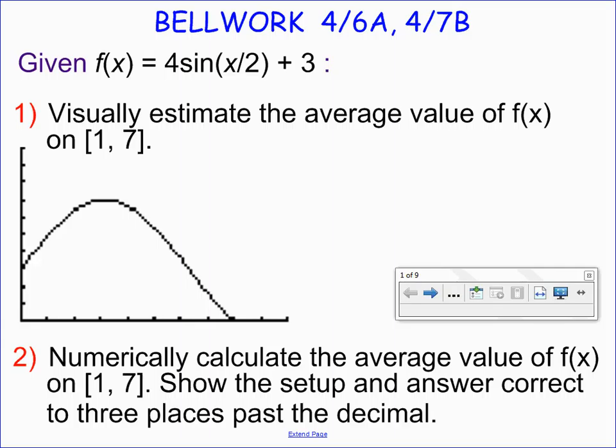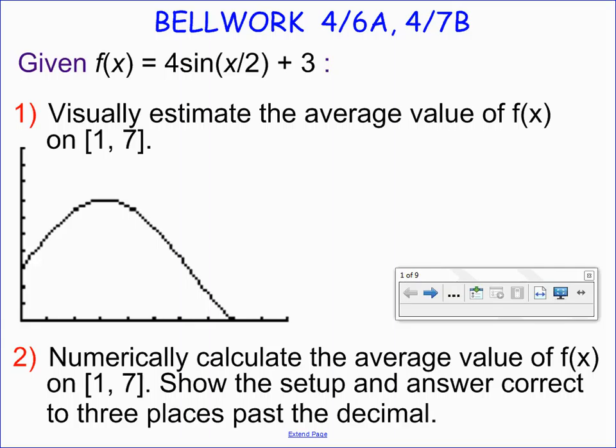If we're given a picture of a graph, we can visually estimate the average value of a function by thinking about those function values that are attained over the course of the interval. In this particular case, our curve is a sinusoid, and it looks like we spend some time getting up higher, some time lower.